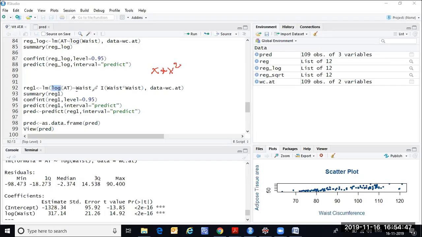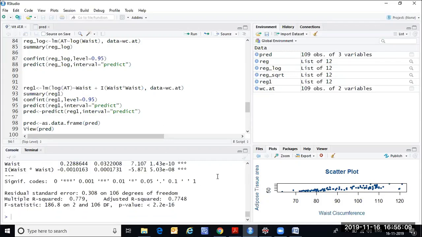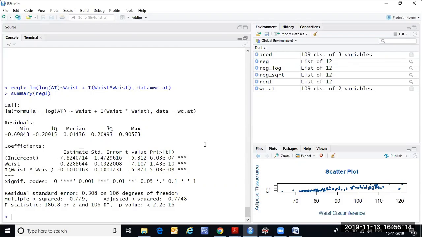This is waste plus waste square. I'm applying log on the y variable, and on the x I'm applying the polynomial transformation, x plus x square. Now let us see how it works. Summary. Do you see any improvement, guys?